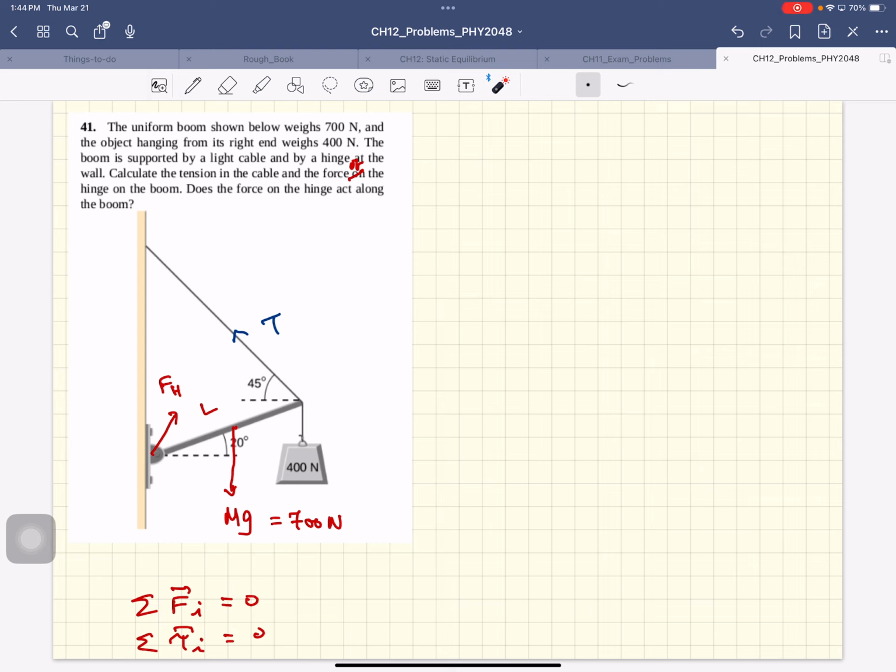All right. So actually, I'll name this reaction force R. I don't want a subscript. And again, we always draw our x and y axes like that. So T, the tension, is minus T cosine 45 i plus T sine 45 j.